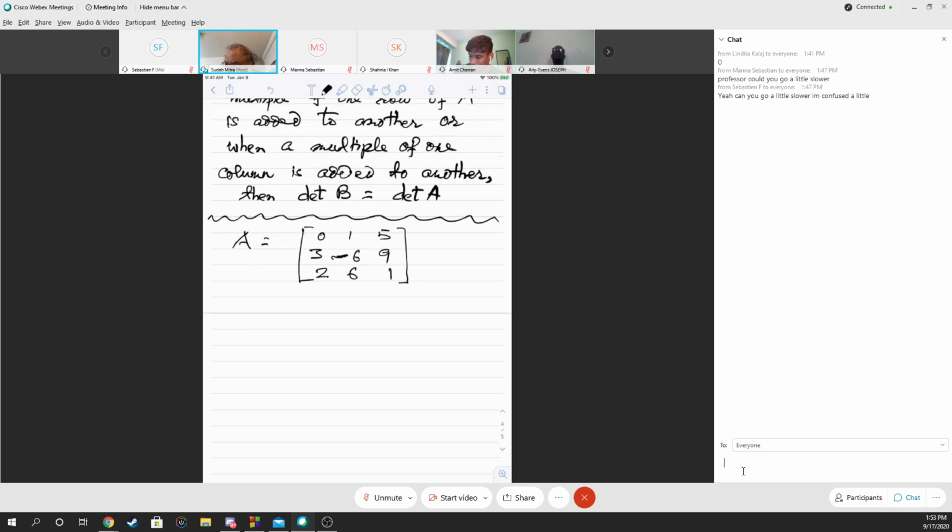Let us do a cofactor expansion along the first row. 0 times minus 6 minus 54, plus minus 1 times 3 minus 18.